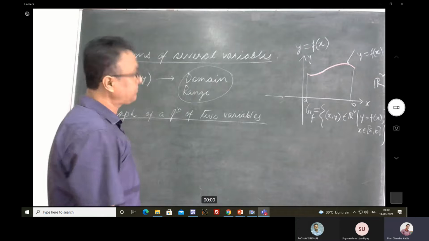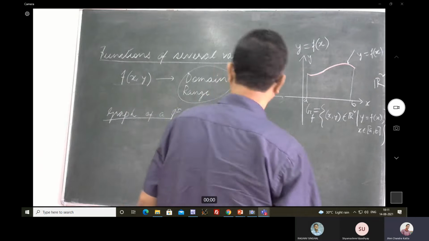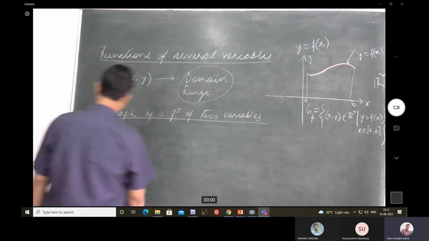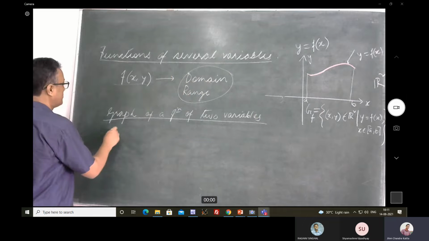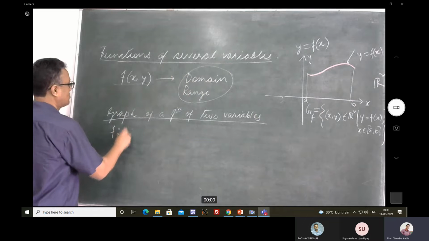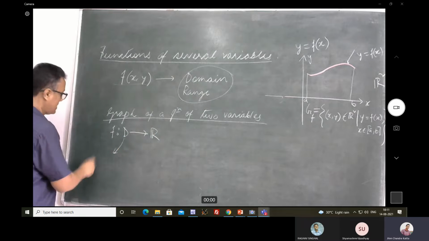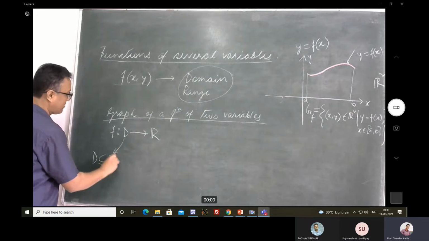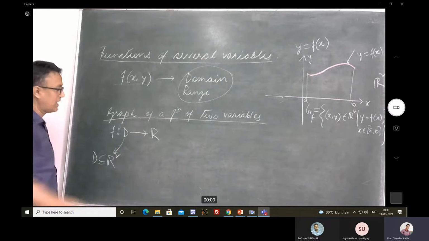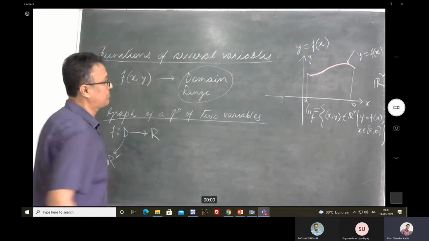Is it okay? Fine. So similarly, suppose I consider a function of two variables from a domain D, which is a subset of R2, where R is the set of real numbers.